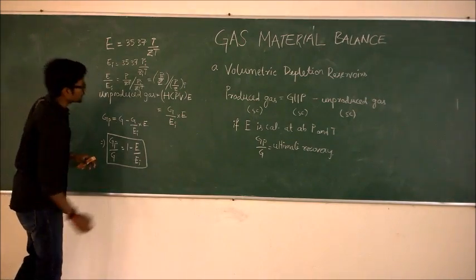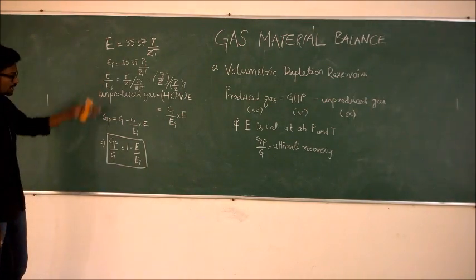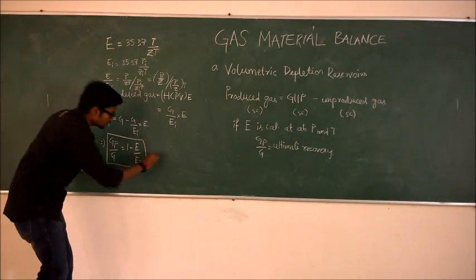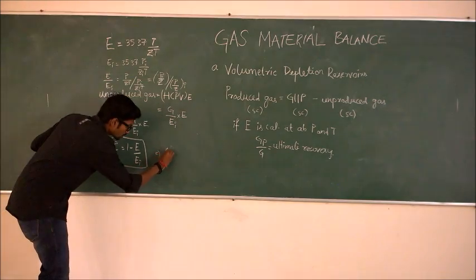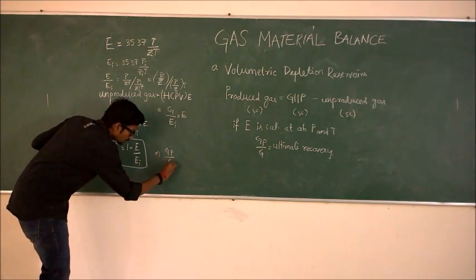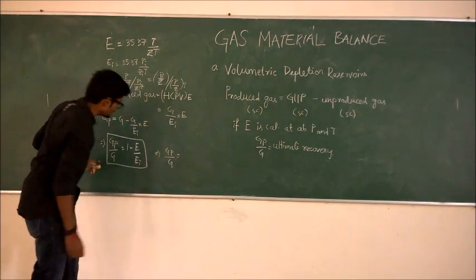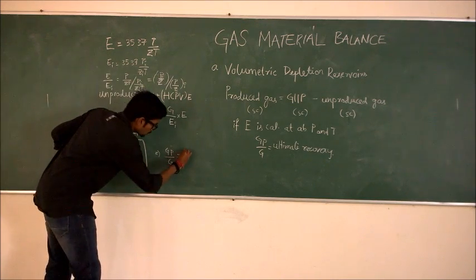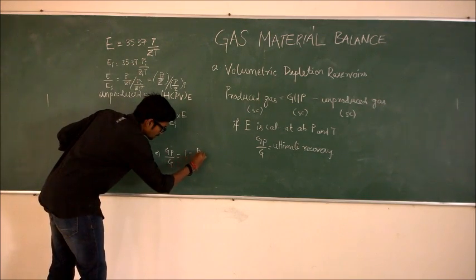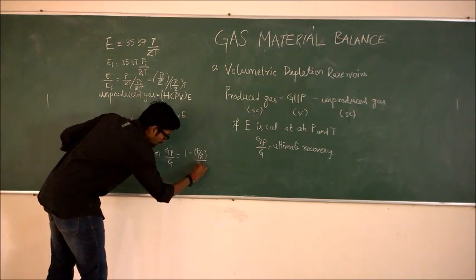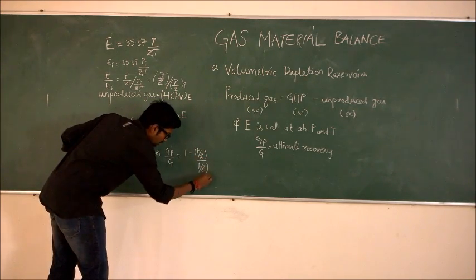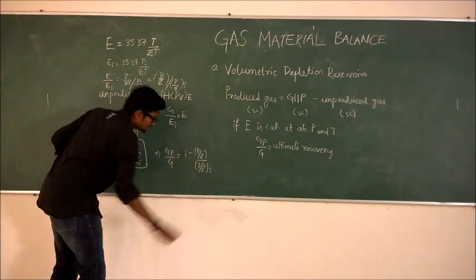Now here if we substitute the value of E by EI in this equation, we get Gp by G is equal to 1 minus P by Z by P by Z initial.